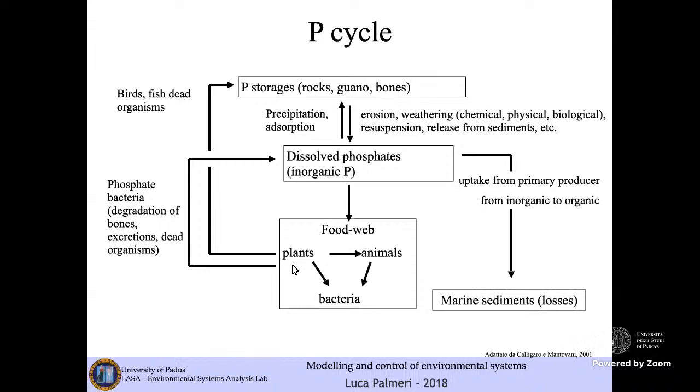Food webs means that there is a continuous exchange of phosphorus in plants, which is transferred by algal growth, by grazing, into animals, and then both plants and animals may release phosphorus to the bacterial pool in their waste, a byproduct of their metabolic processes, and may transport bacteria onto the marine sediments. Again, so the cycle may be closed this way.